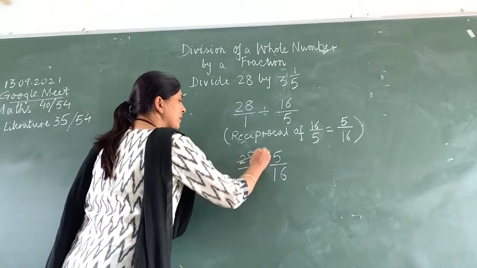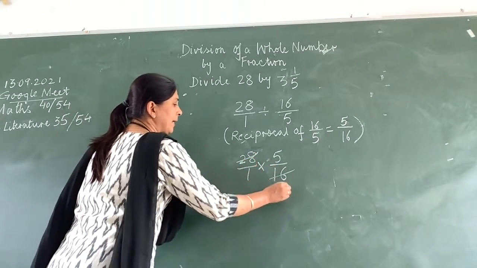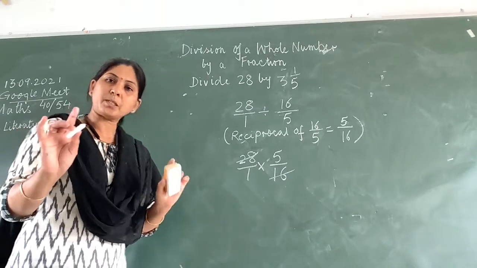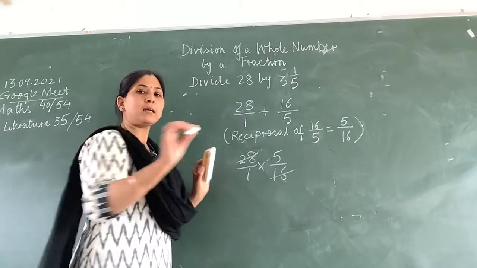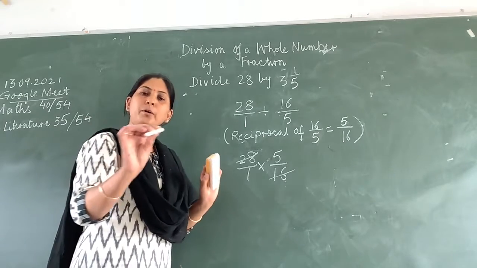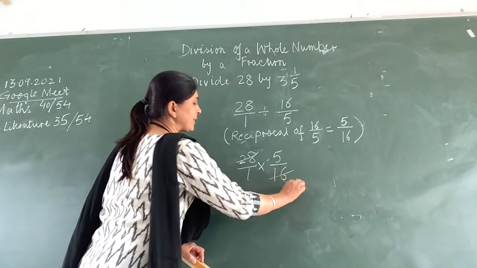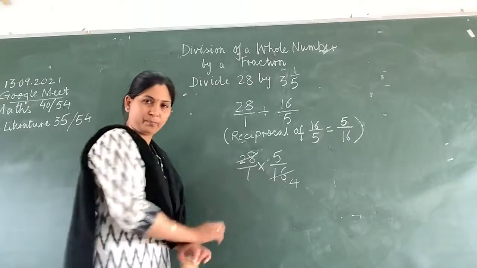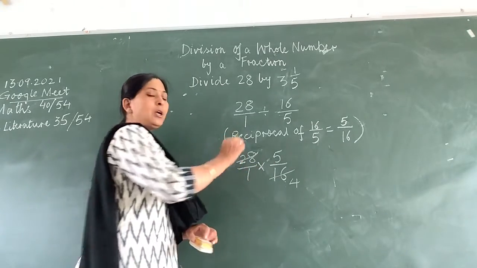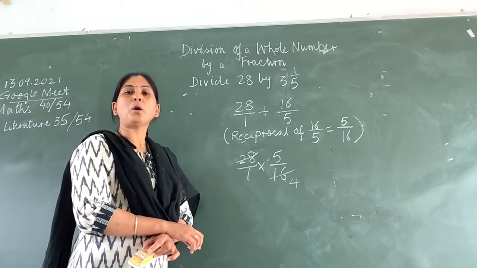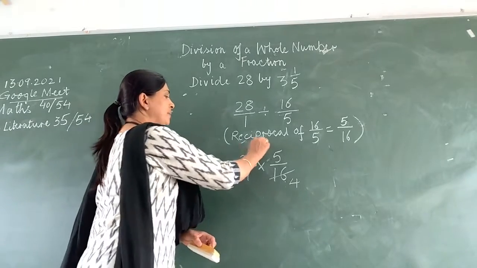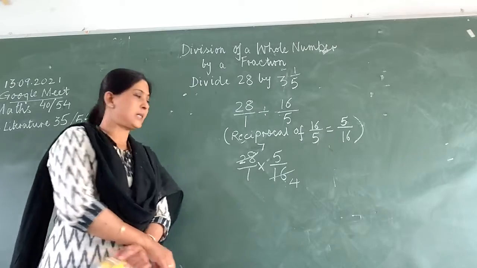So let us reduce 28 and 16 by 4, which is their common factor. When we divide 16 by 4, we get 4, because 4 times 4 is 16. When we divide 28 by 4, we get 7, because 4 times 7 is 28.